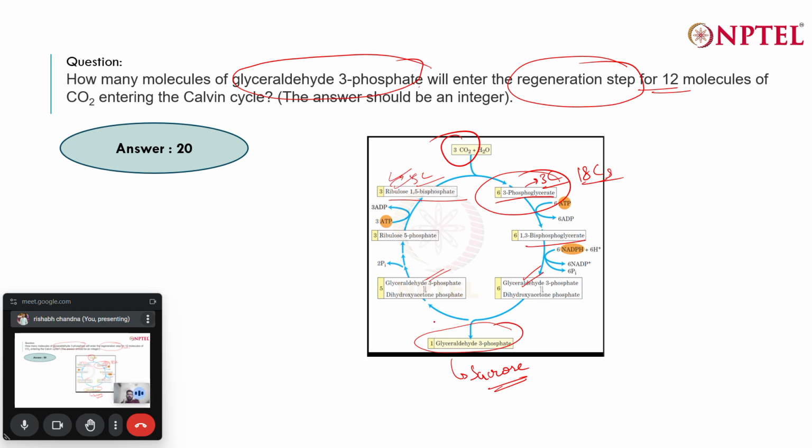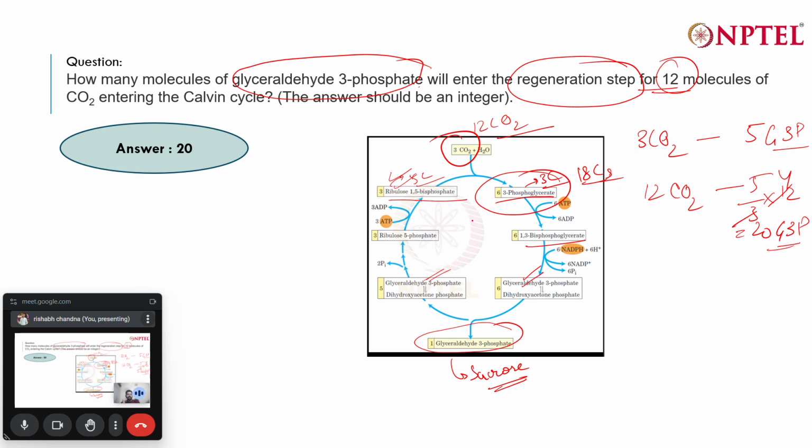Okay, now if we have 12 molecules of CO2 entering this pathway, that means for 3 CO2 molecules, 5 molecules of glyceraldehyde 3-phosphate enter the regeneration step. For 12 molecules of CO2, it would be 20 molecules of glyceraldehyde 3-phosphate entering the regeneration step.